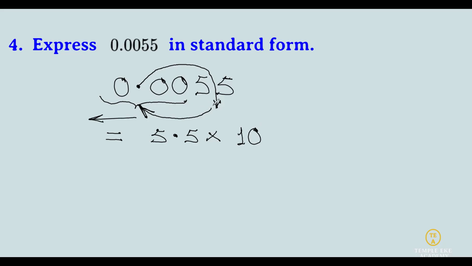That's right. Look at it. Towards the left means a negative power of 10. What figure will we have here? The number of digits in between the two positions of the decimal point. 1, 2, and 3. So we have 3 around there. It's getting exciting, of course. Final answer. Very simple. Let's move on.